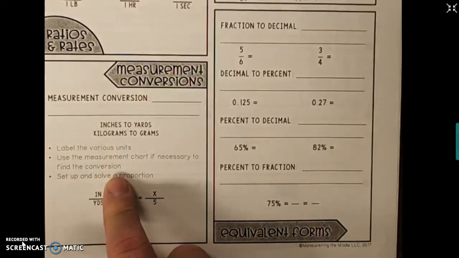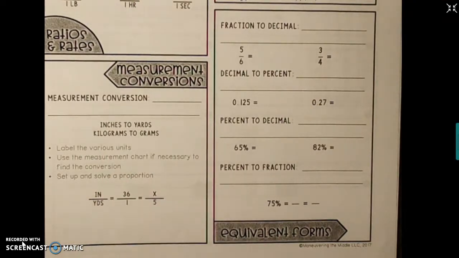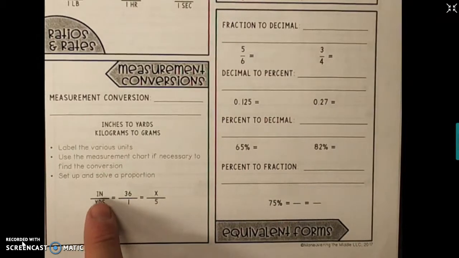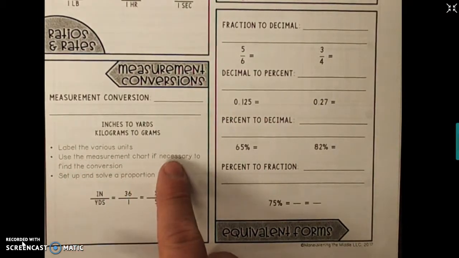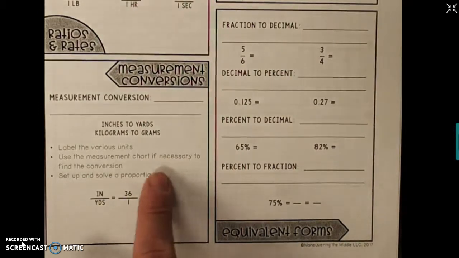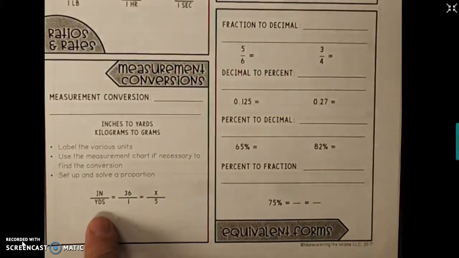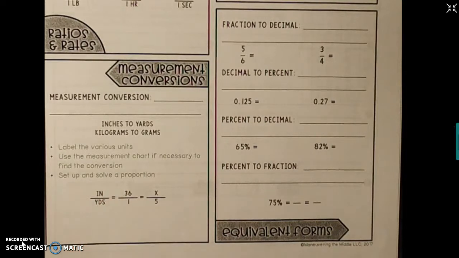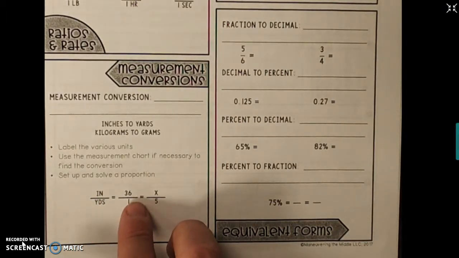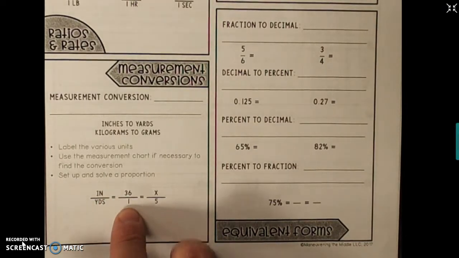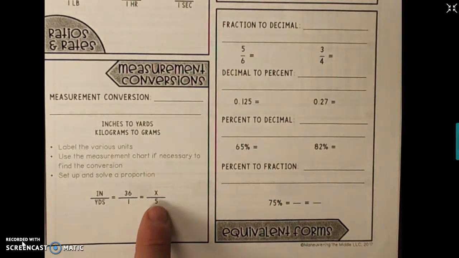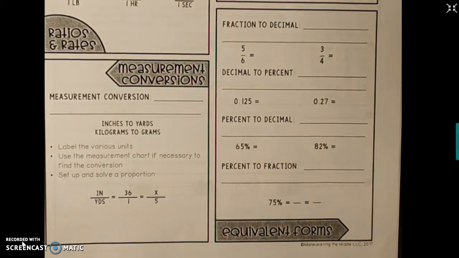Measurement conversions are also proportions. Again, you're going to label your units, inches and yards. You're going to use the measurement chart, the STAAR chart, if necessary, to find the conversion, and set up and solve the problem. So if we have 36 inches is 1 yard, and you can get that off of your STAAR chart, how many inches is in X number of yards, an unknown number?